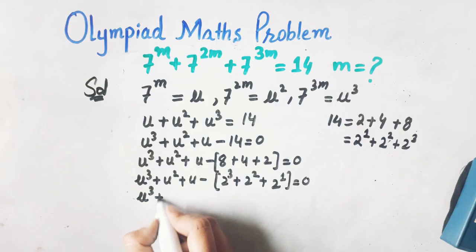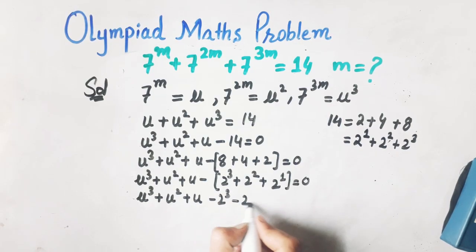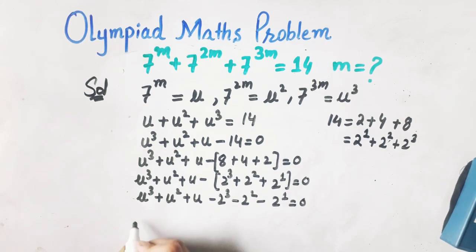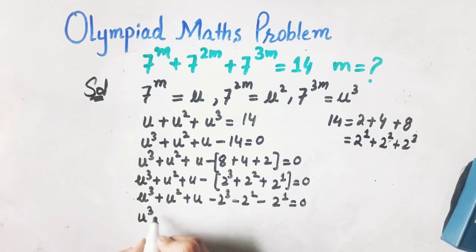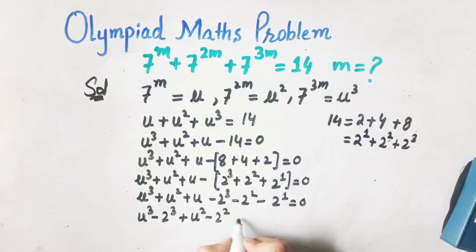Arrange this, u cube plus u square plus u minus 2 cube minus 2 square minus 2 power 1 equals 0. This will become u cube minus 2 cube plus u square minus 2 square plus u minus 2 equals 0.